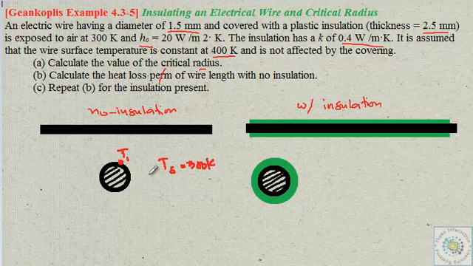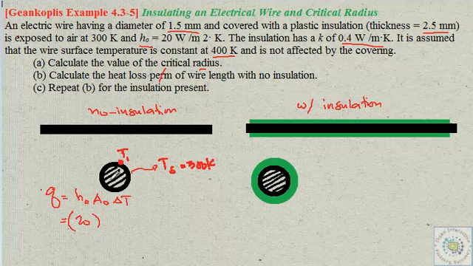Heat flows from the surface towards the surroundings, and this will be convective heat transfer. Q will just be equal to h_o A_o delta T, in which h_o here is already given to be 20.